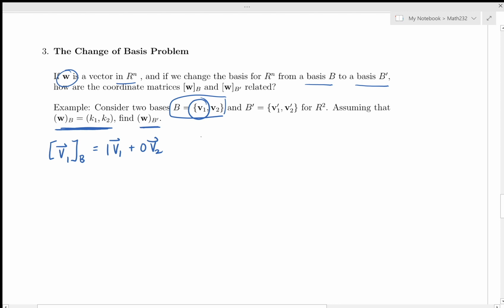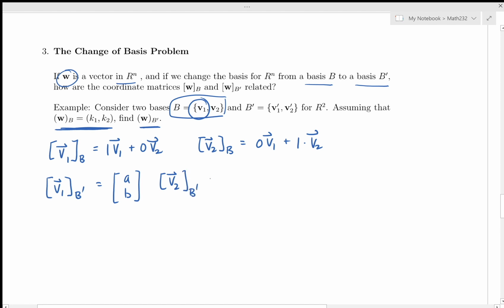Similarly, the second vector, referenced to the basis of which it's a basis vector, looks like this: 0 times v1 plus 1 times v2. Now, if I take v1 and reference it to basis B prime, it's going to have two components, a and b. Similarly, v2 referenced to B prime will have two different components, called c and d.